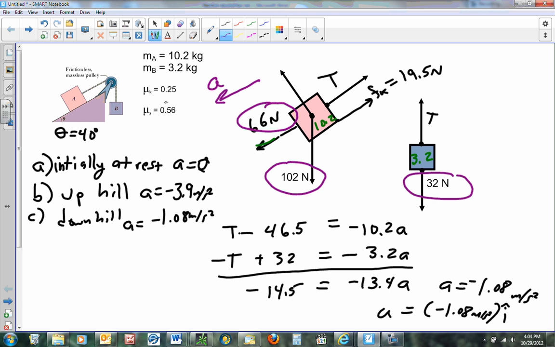But what they did is they were kind of tricky. They made this static friction so big that it wouldn't move if you didn't push it. And if you pushed it uphill, again, it's wanting to move downhill, it would eventually stop and go back to static friction and not move. If you push it downhill, well, it takes off, but not at a really large rate, about 1 meter per second squared. That's basically what ended up happening.